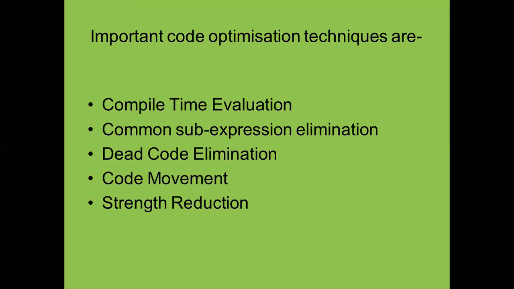Then you have to write compile time evaluation, common subexpression elimination, dead code elimination, code movement, strength reduction. These are the techniques. By using them, the speed of the compiler will increase and performance will be better.